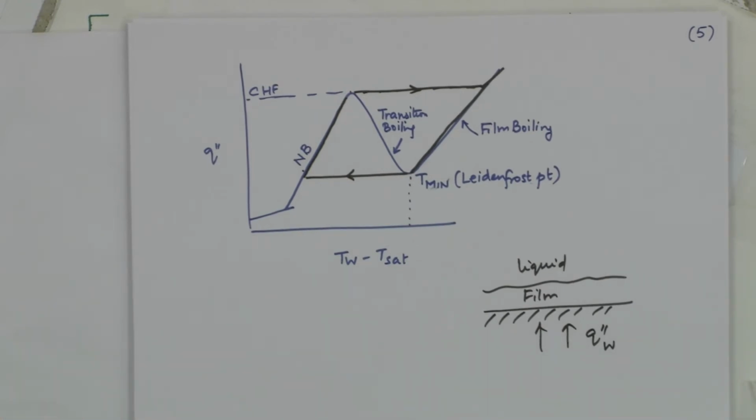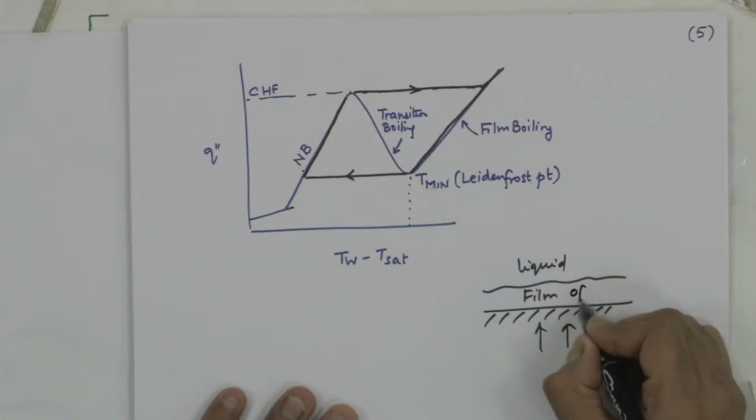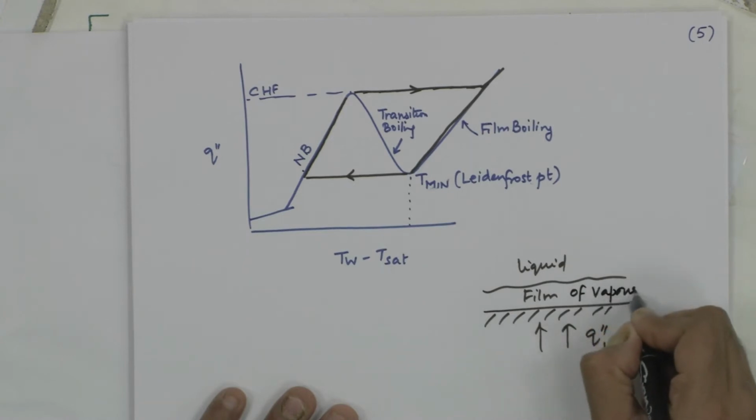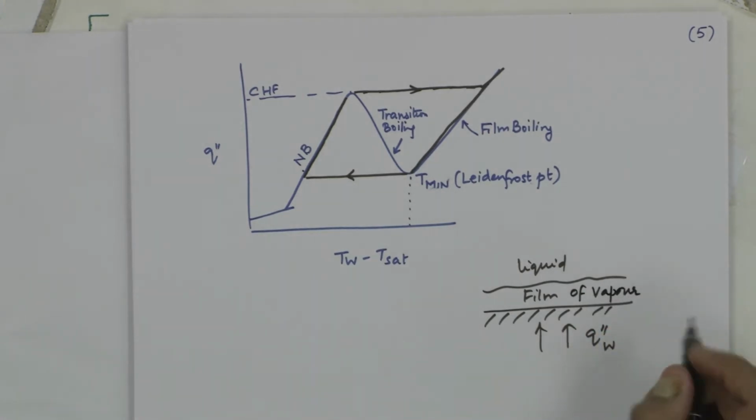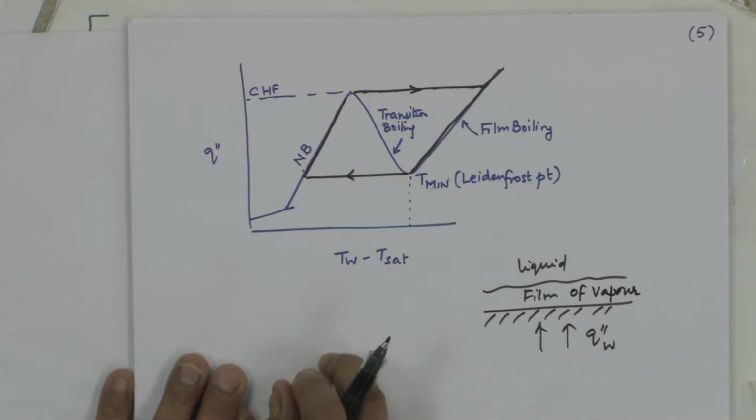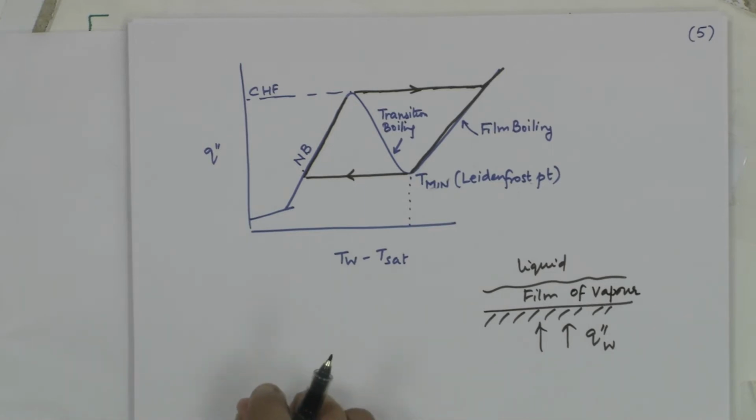This film could be continuous, this film could be local, it could have varying thicknesses, so on and so forth. Does not matter what it is, what we are trying to say is there is a vapor film which is going to cover the heated surface, prevent good heat transfer because of its poor thermal conductivity.